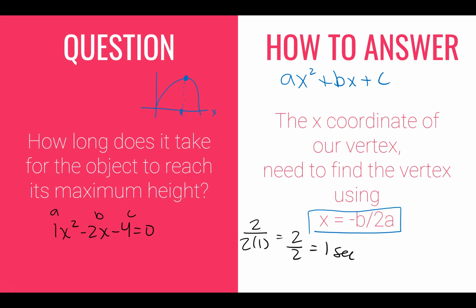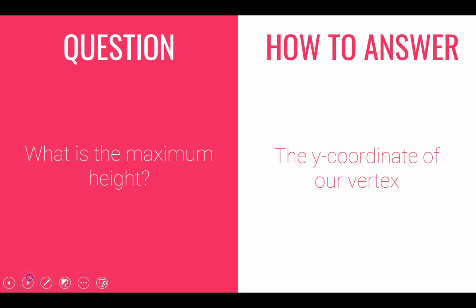Okay? So the when is the X. How long does it take? That's time. Time equals your X coordinate. So if you know when it's going to happen, you can also find out what the maximum height actually is. Looking at your graph, it's going to match the Y coordinate.